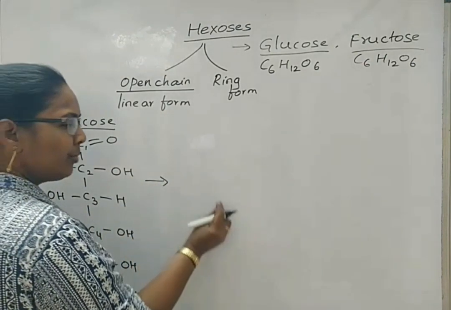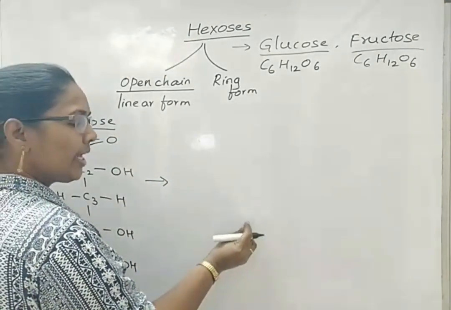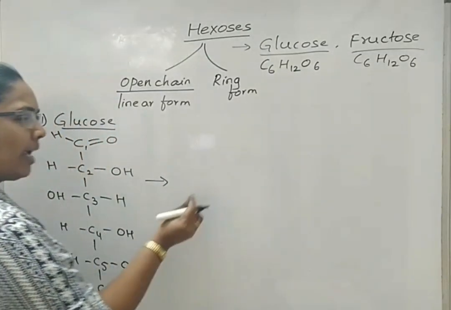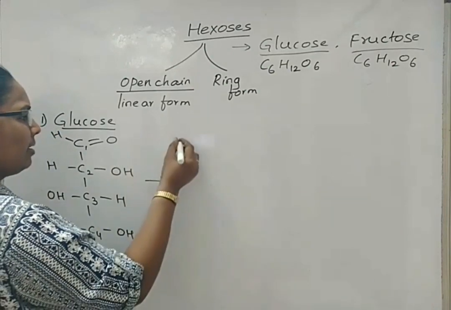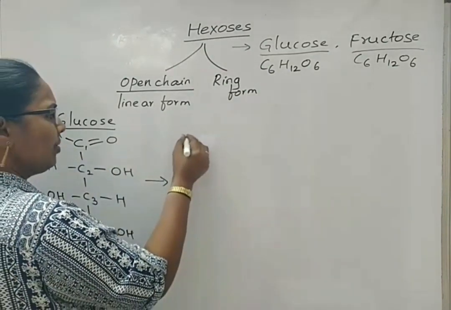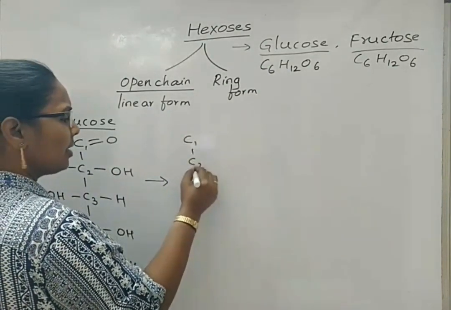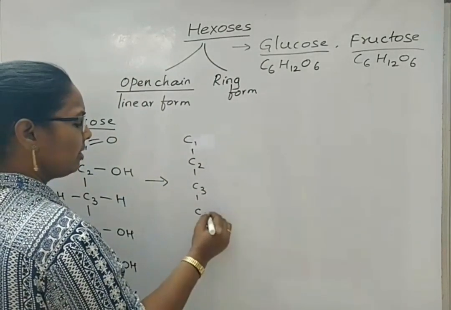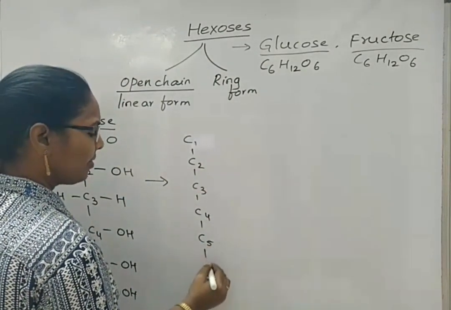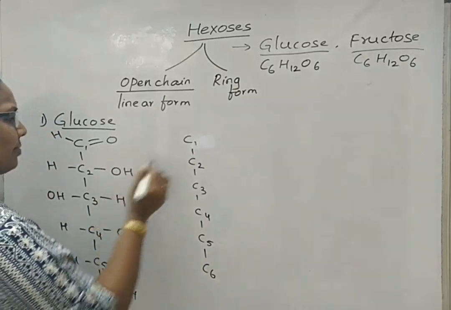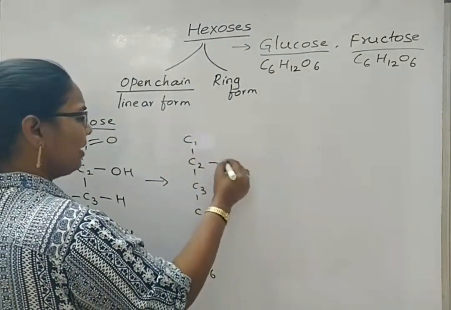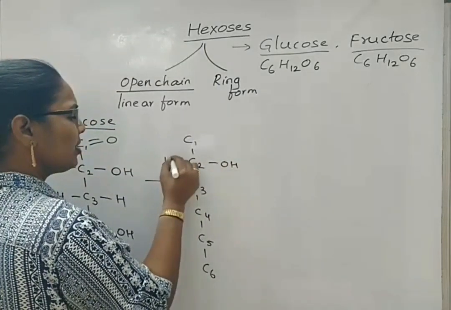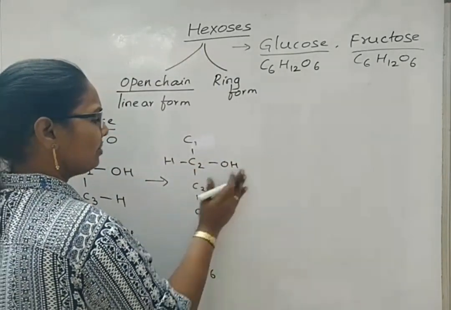It will remove one water molecule, which again will be dissociated and connected in the ring form. I will draw that sequence here: carbon 1, carbon 2, carbon 3, carbon 4, carbon 5, carbon 6. The remaining distribution of OH and H groups is the same.